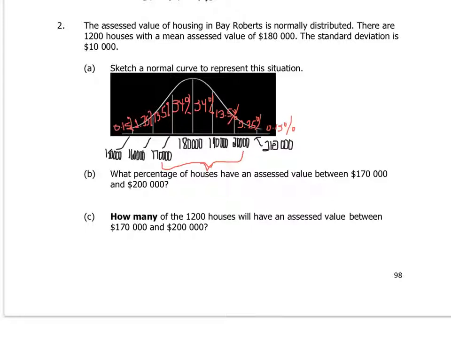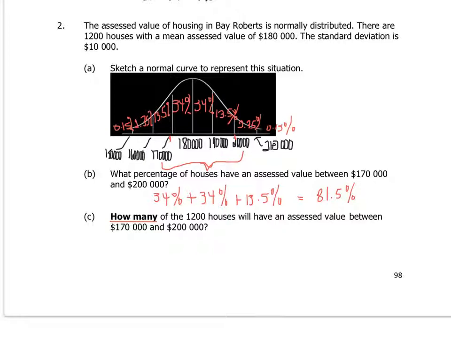So if you add up the percentages between the lines marked 170,000 and 200,000, you would have again 34% plus 34% plus 13.5%, which is again 81.5%. That's not always the answer, but it just happens to be in these two examples. How many of the 1,200 houses will have an assessed value between 170 and 200,000?